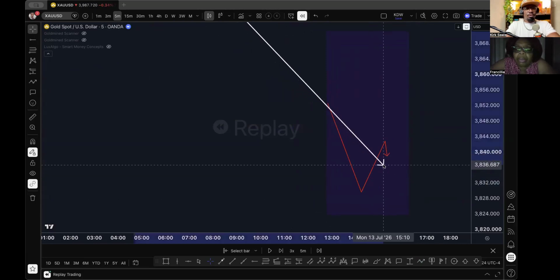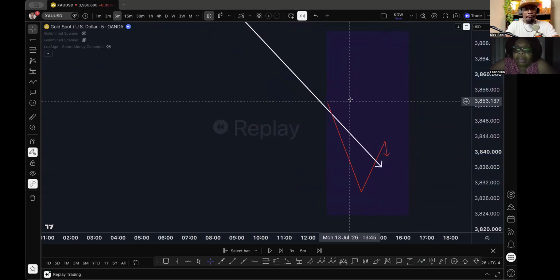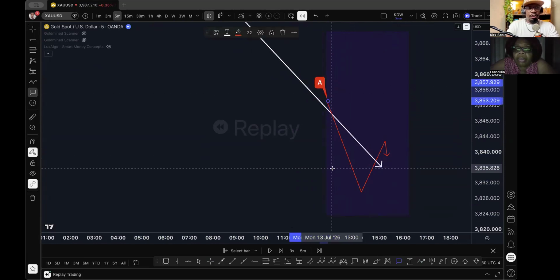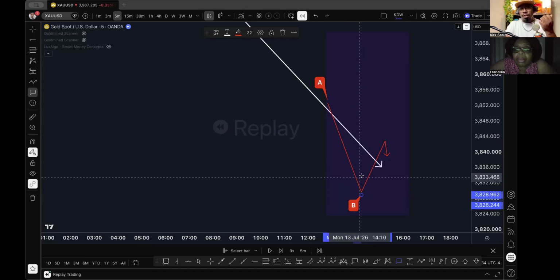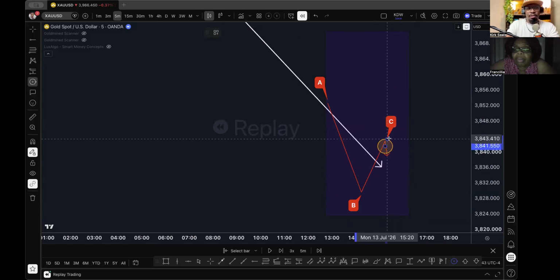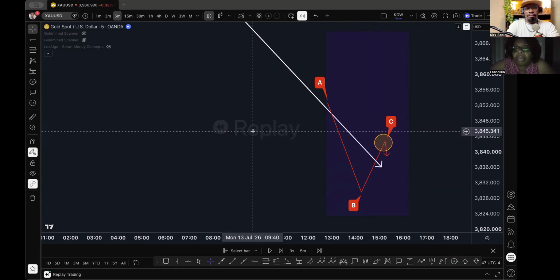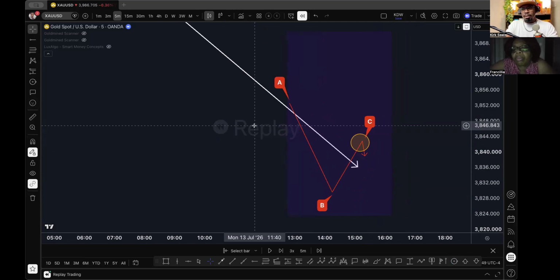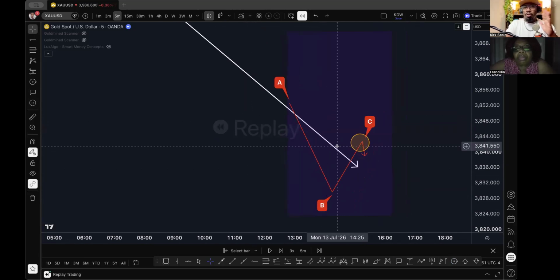All right, so if we know overall we're going down, but when we look at the chart on the 30 minute, we identify the trend and we identify where we are in that particular trend. We are around C. And we know from earlier in the call that I mentioned that C is the place that we will want to buy from, right? We can't buy right now, but we know that we're in that place.